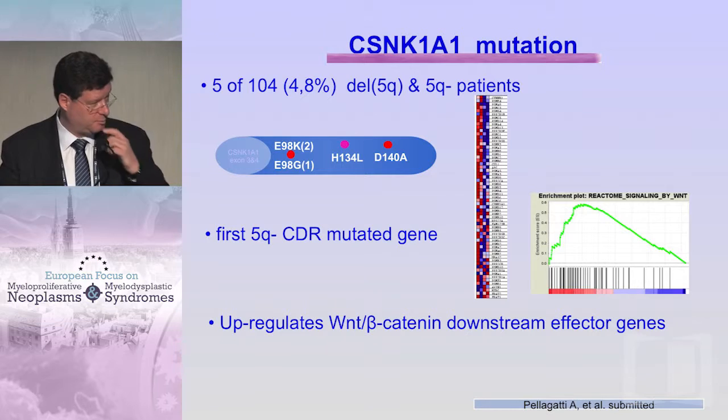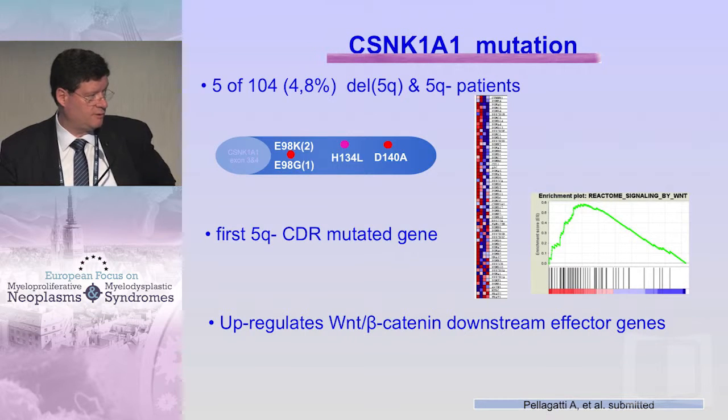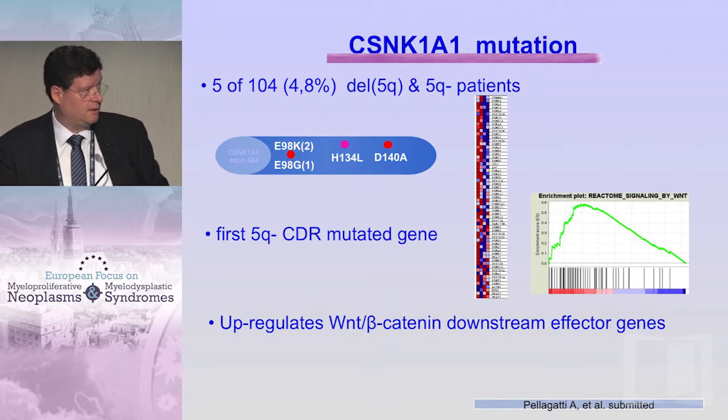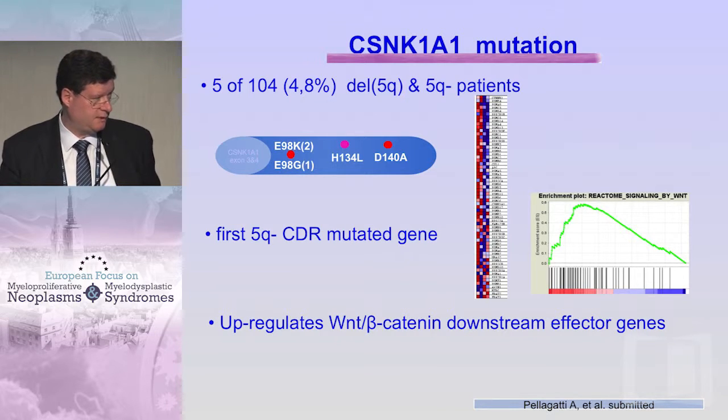A work conducted by Andrea Pellagatti, in which we collaborated, has shown that casein kinase, first of all, upregulates the genes that are involved in WNT beta-catenin signaling. This was also the first gene where single point mutations were described, in exons 3 and 4 of the gene.